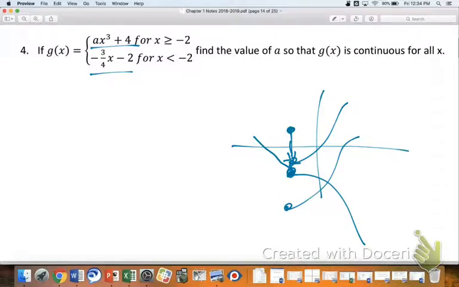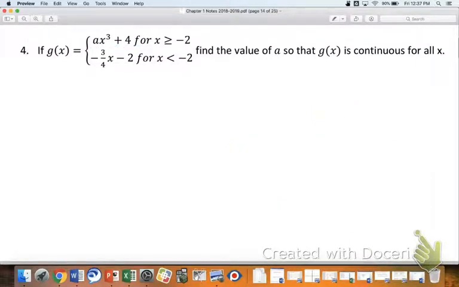Okay, so here's what we do. Anytime you are asked to make a function continuous or anytime you're asked to prove that a function is continuous, I want you to start with those one-sided limits. This is that little statement that I showed you in the video. So here it is.